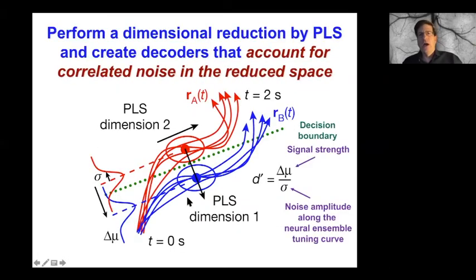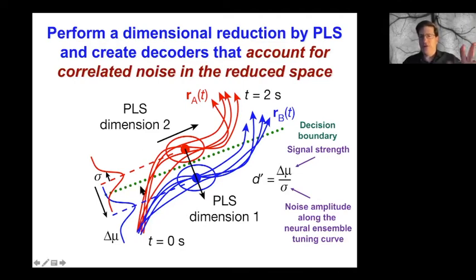And so generally speaking, we worked actually in a 5-dimensional space in which we attained optimal decoding performance. And I'm going to show you a little bit what this looks like in a schematic that represents only 2 of these informative dimensions from the PLS or partial least squares analysis.